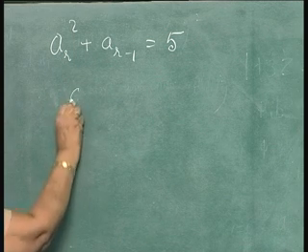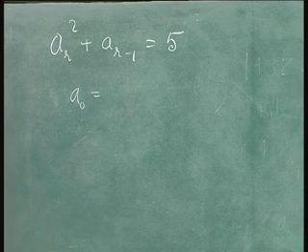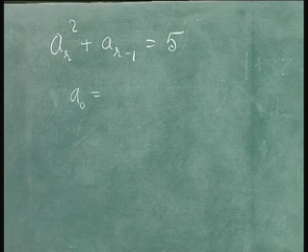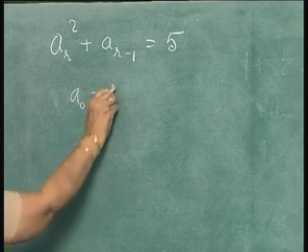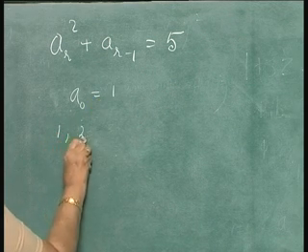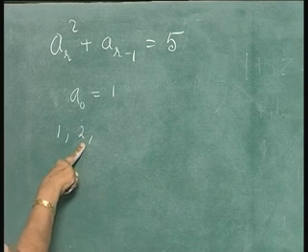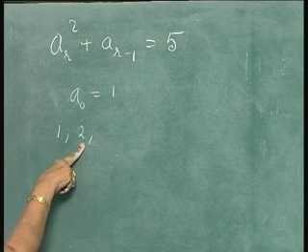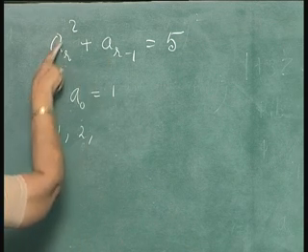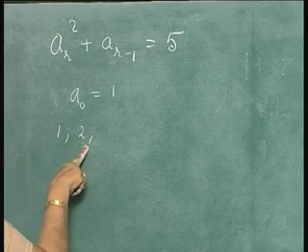So, giving A naught a particular value will not give you the solution in a unique manner. Supposing A naught is equal to 1, then 1, 2. Will this satisfy this equation? 1, 4 plus 1, 5, it satisfies this equation.